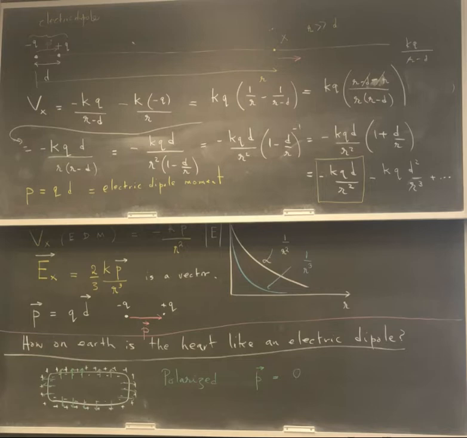And if you look at the example over here, can you tell me what direction is the electric field pointing in at this point X for this particular configuration? Left or right? Right. Why?